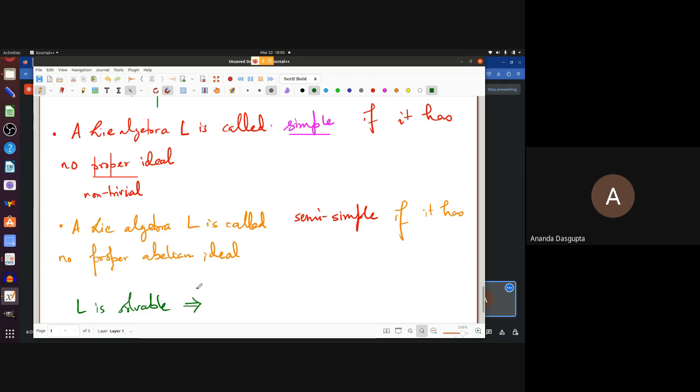So what can you say about L in terms of simplicity or non-simplicity? Okay, before we go to the simpler connection, simple implies semi-simple, right?